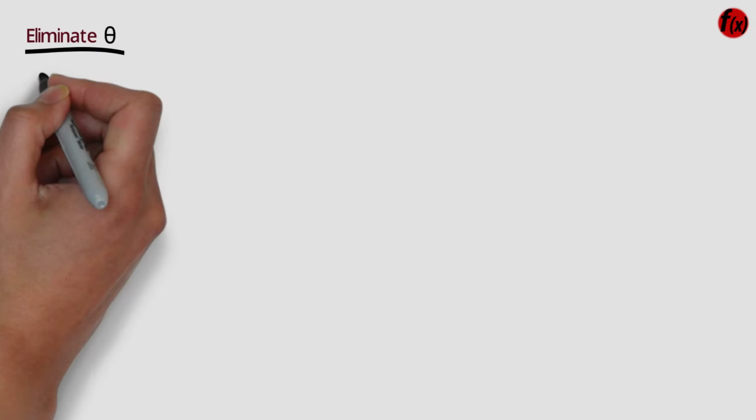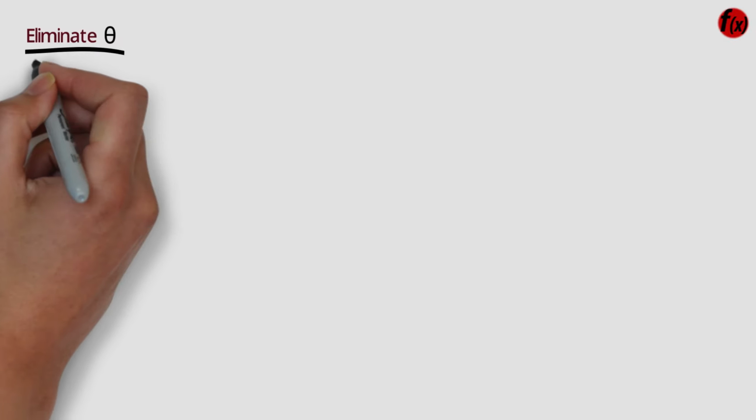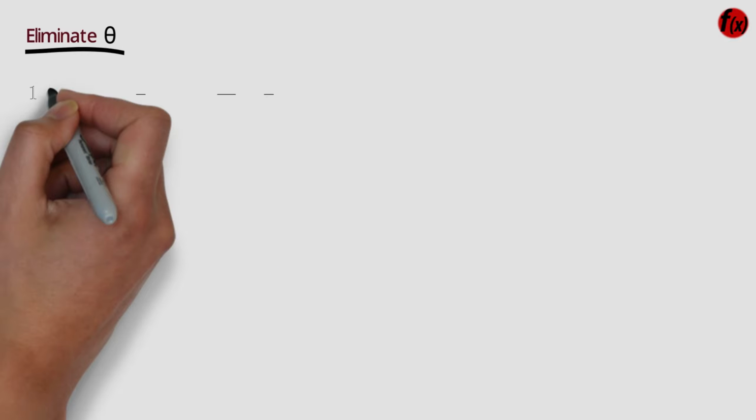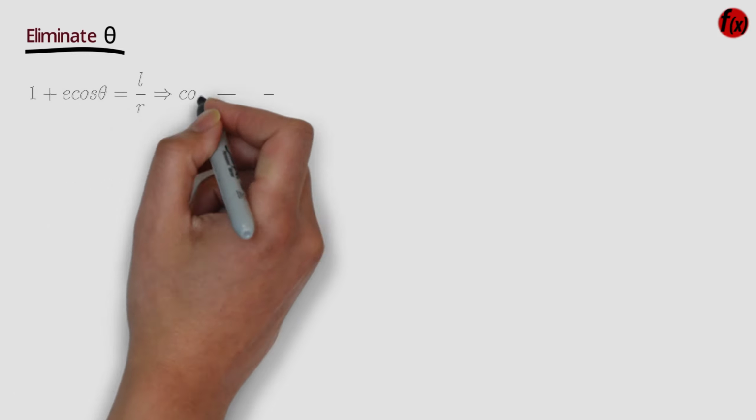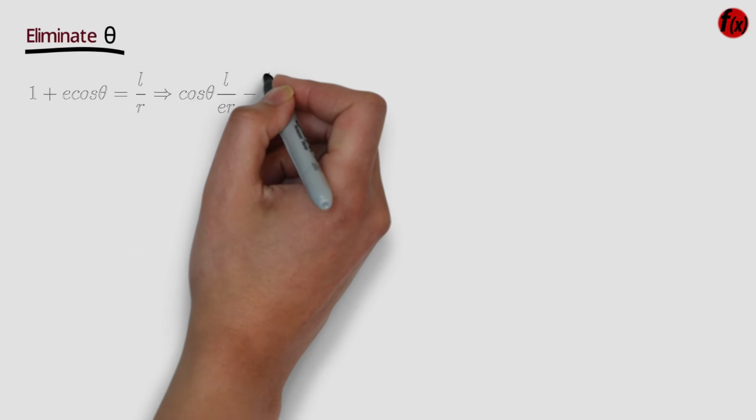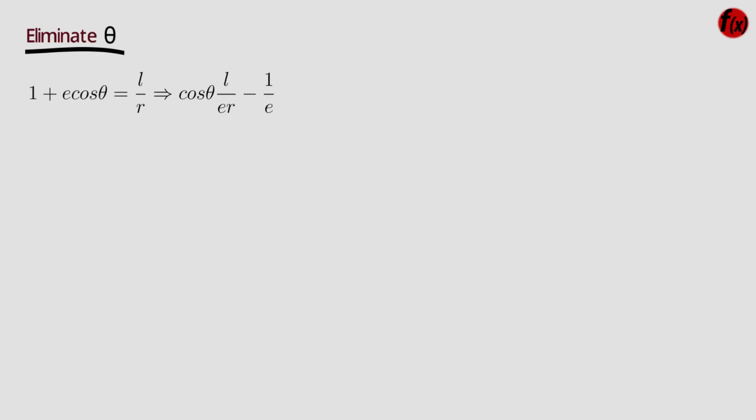From the original polar equation, insert this cos theta into the denominator of p squared.